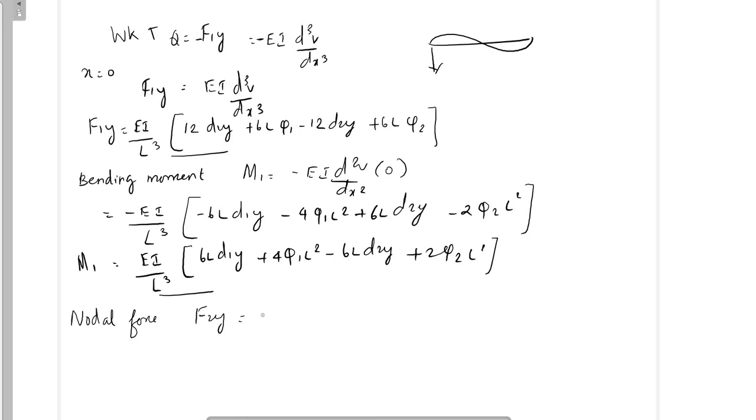F2y is minus d cube v by dx cube at L. So here the shear force is upward, so the moment curvature equation does not change its sign. It is minus EI d cube v by dx cube.